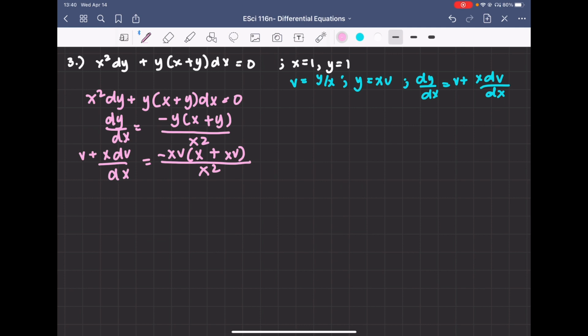So we can factor out x squared on the right side. So that's v plus x dv over dx equals negative x squared v times 1 plus v, over x squared.